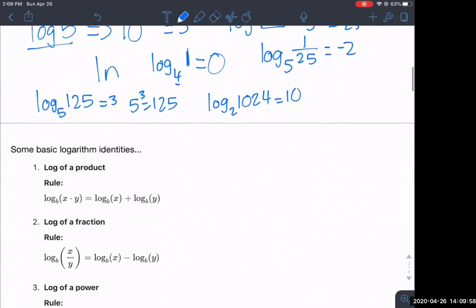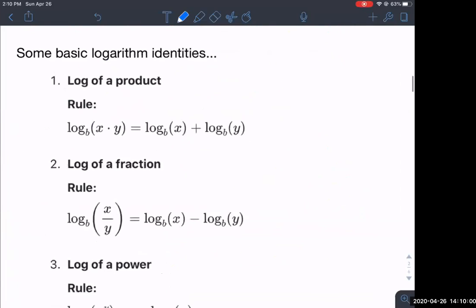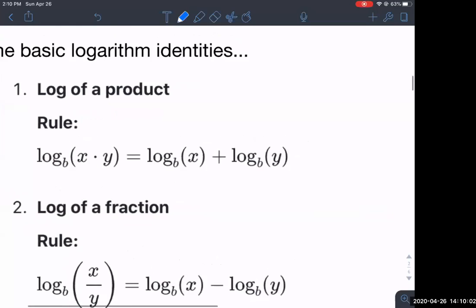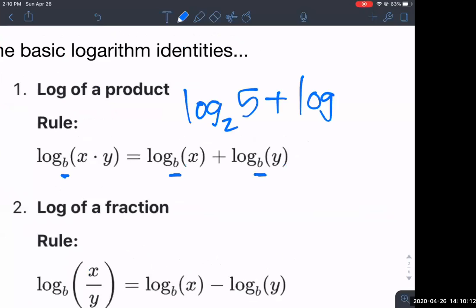So here are some basic identities. First one: all of these have to have the same base in order for this to work. You can't mix and match. You can't do log base 2 of 5 plus log base 6 of 7. You can add them, but you can't get anything from them.